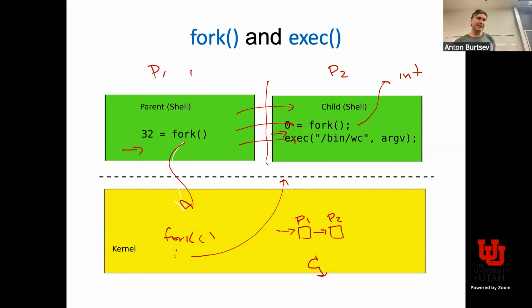In both of these, the next instruction after the int will be where it starts executing. The only difference between these two address spaces is that in one of them, the return value from fork is 32, because it's the process ID of this new process, so this one should be called process 32. And in the second one, it's just 0.